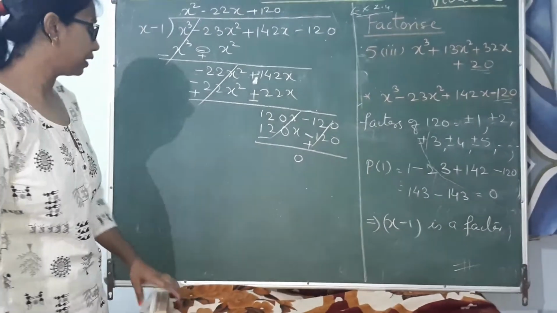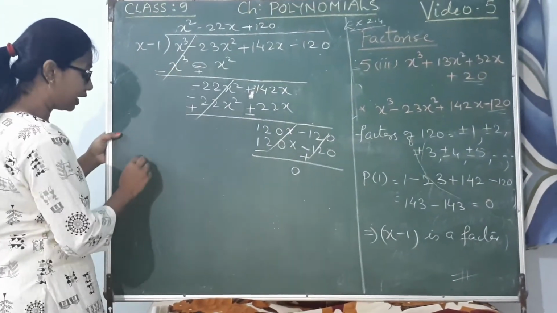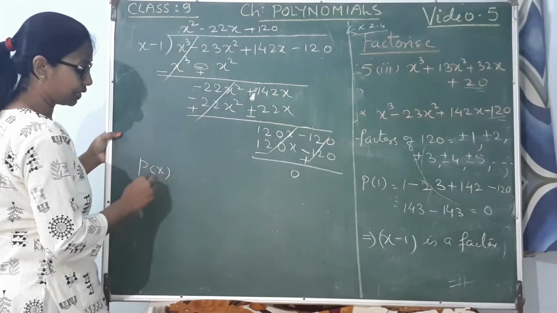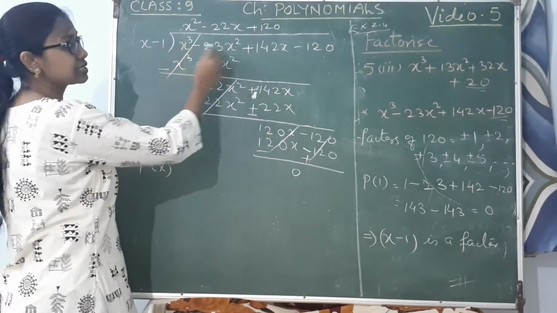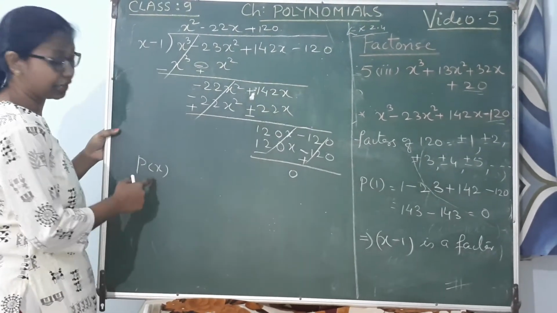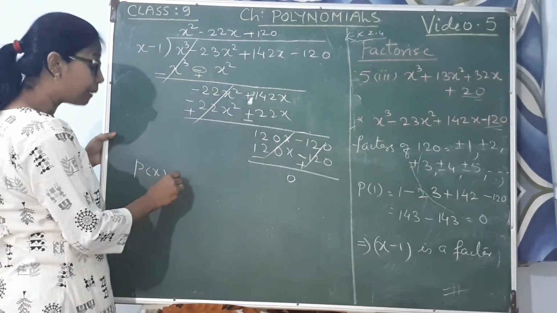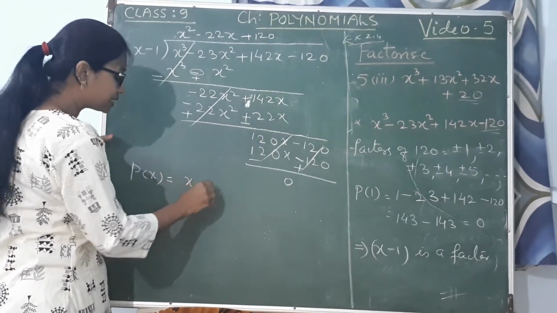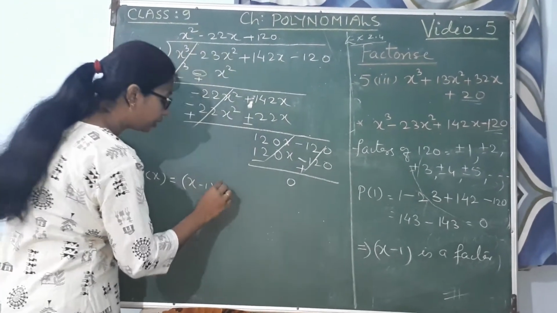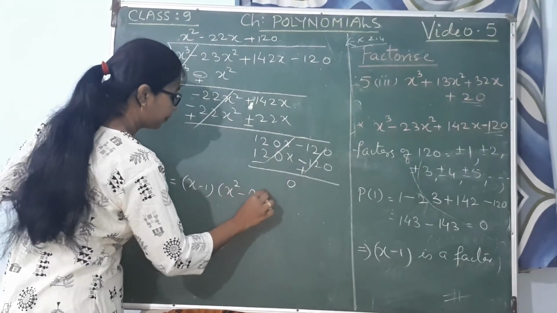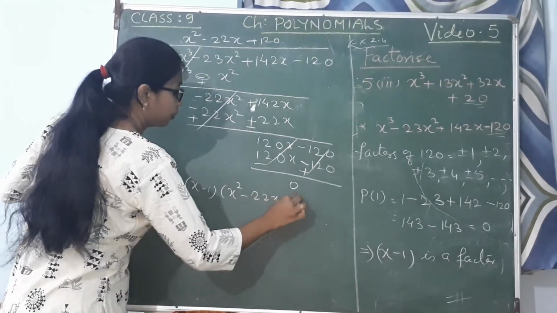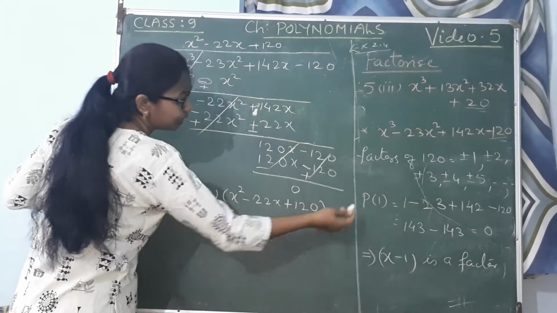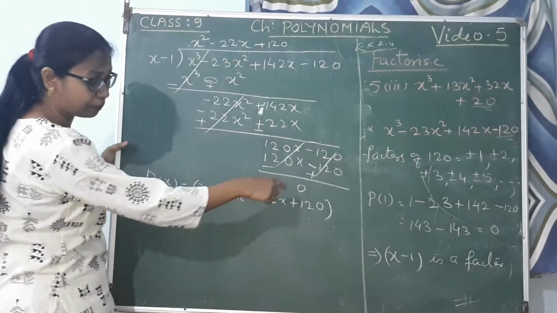Now we can apply the division fact here. Let this complete polynomial be denoted by P of x. It can be written as divisor into quotient plus remainder. Since the remainder is 0, I am not going to write plus 0.